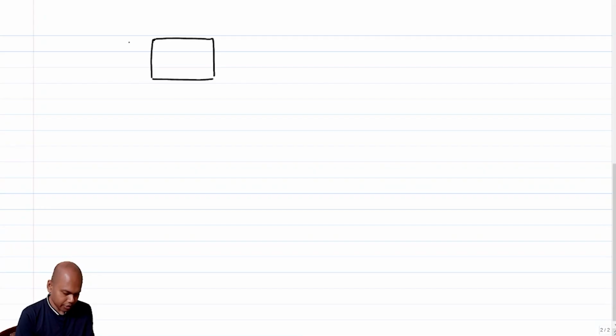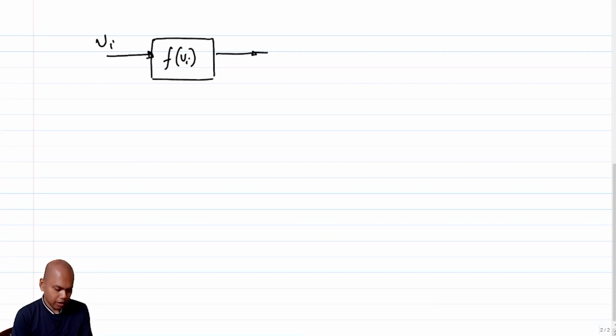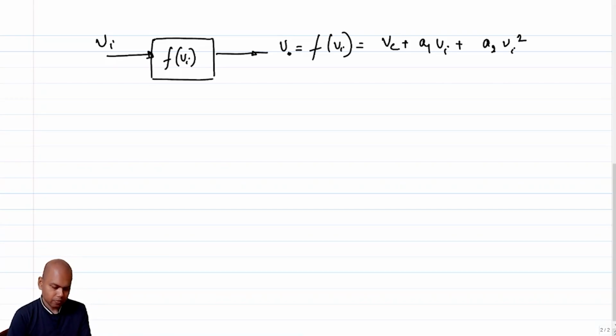whose input output characteristic is modeled as, if input is Vi, the output V naught is some f of Vi, where f of Vi is, let's say, modeled as some constant Vc plus some linear term A1 Vi plus A2 Vi squared, right?